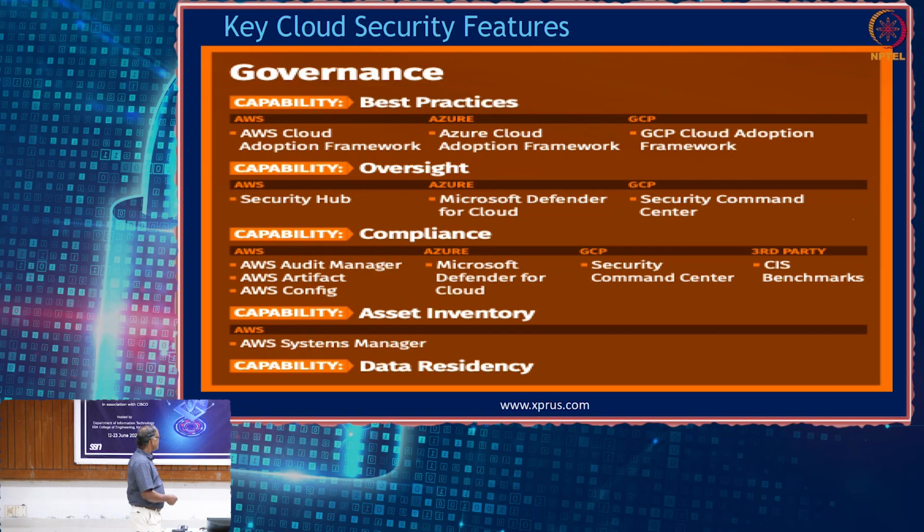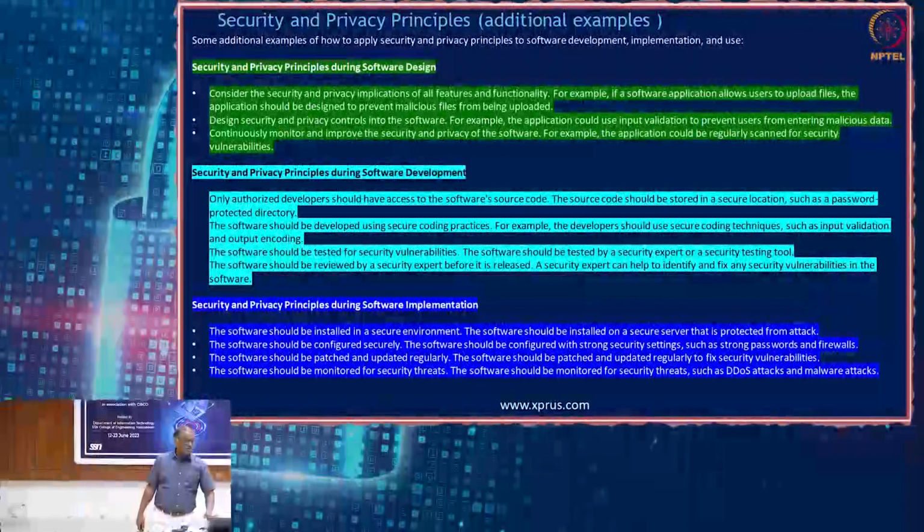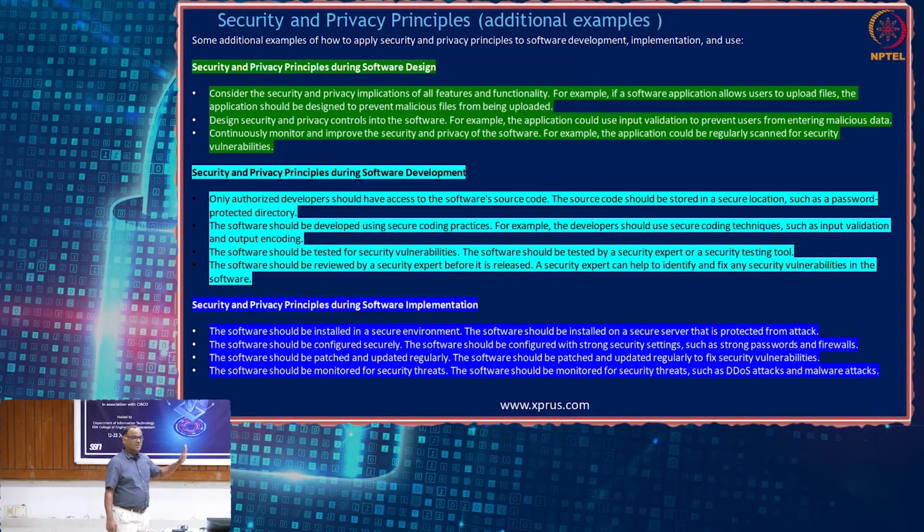Again, from the governance, risk, compliance perspective, what are the tools available from all these cloud providers? Because we talked of continuous monitoring and logging, right? Even if you are in the cloud, the cloud gives you the tools and technologies. You have to leverage these tools and technologies and then monitor.